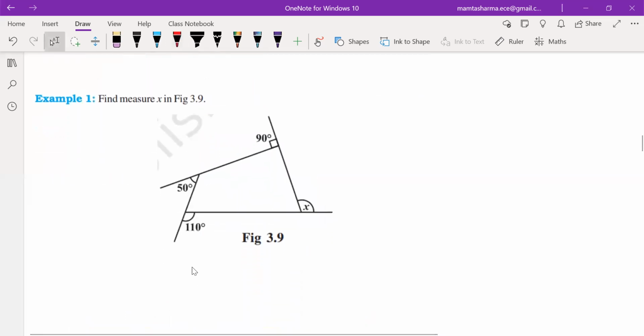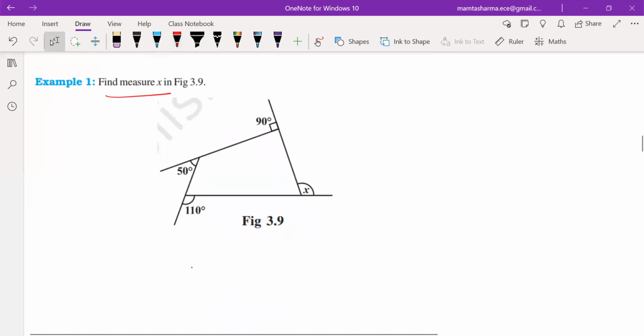Now see, find the measure of x. If you know the exterior angle sum property, use that property here and find out the value of x. Do it fast. Ma'am, 110.